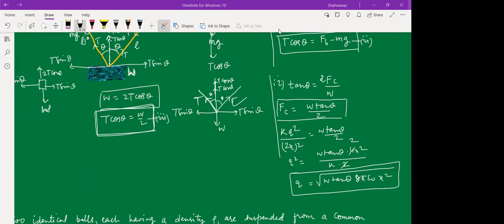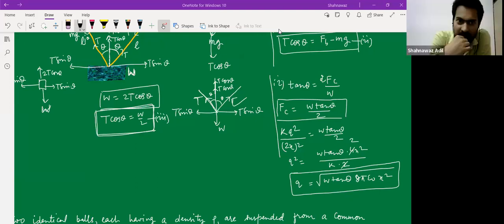Here the length of the string is L, right? So you can see that this doesn't depend upon it. Tan theta is also not. So Tarif, for K, did we take K as 1 by 4 pi epsilon naught?